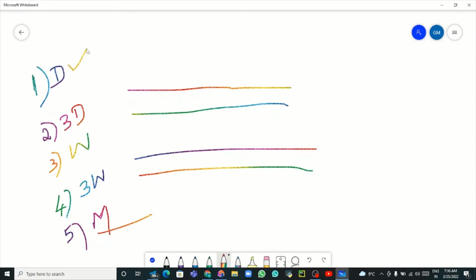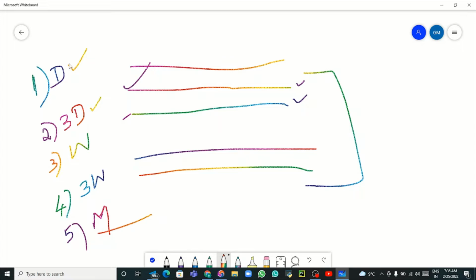For each and every level, there will be 4 lines, which means there is an entry point, there is an SL point, there is a reversal entry, there is a reversal SL, and there are reversal targets. So you know what risk you are taking, and you know what rewards you will be getting. So hope it is clear.